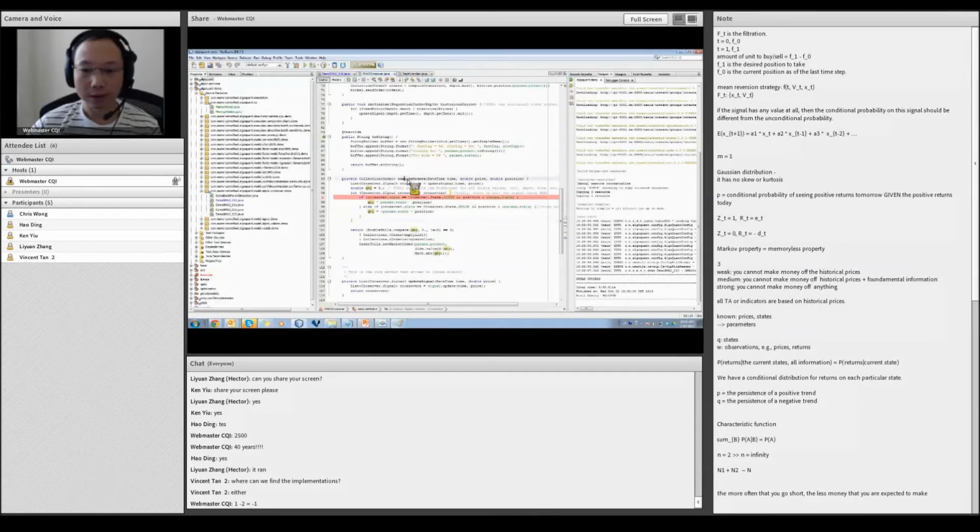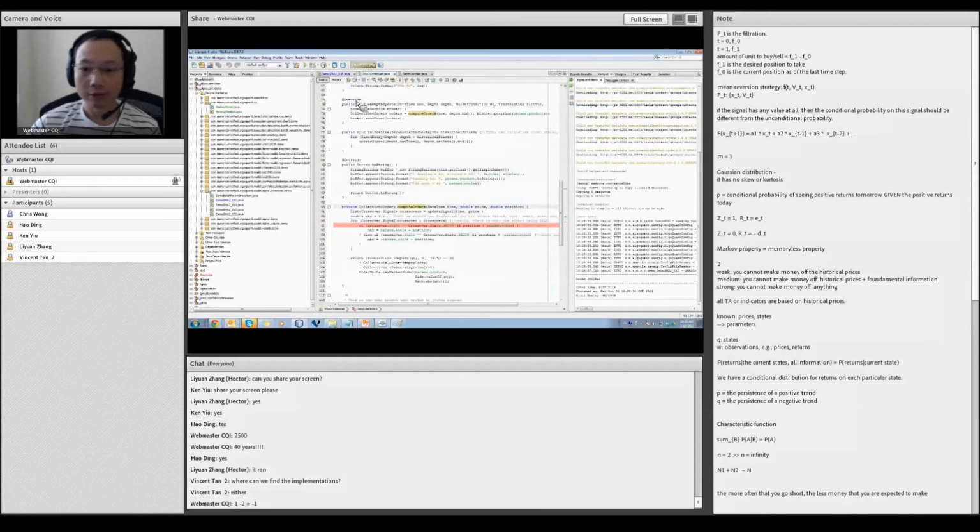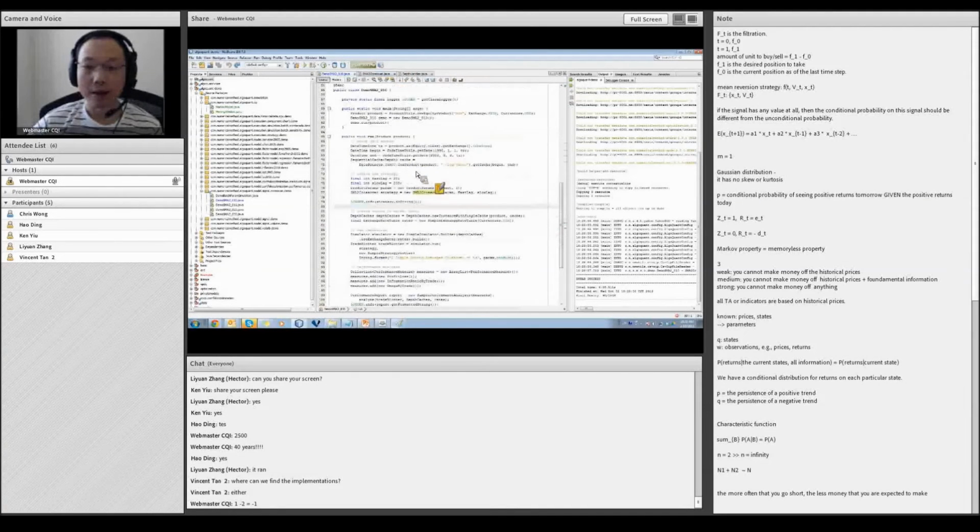Okay, so this is the GMA 2-1 strategy that we proved mathematically in the last lecture, and we want to do a simulation on this to see whether it actually works better on the historical data for XOM.